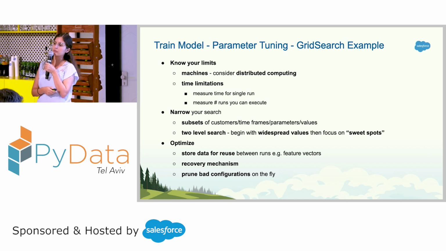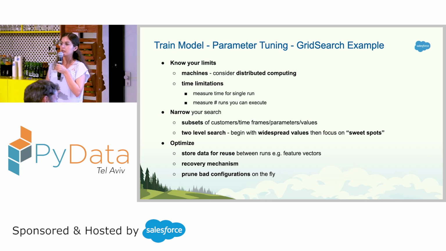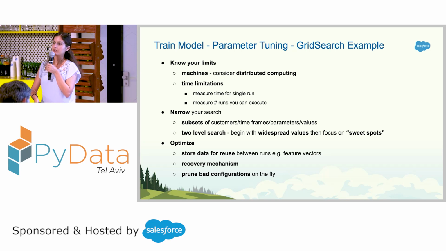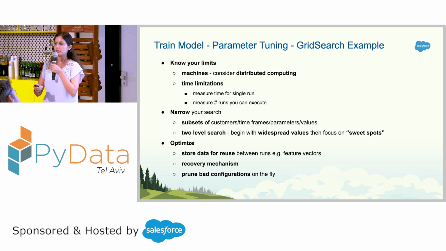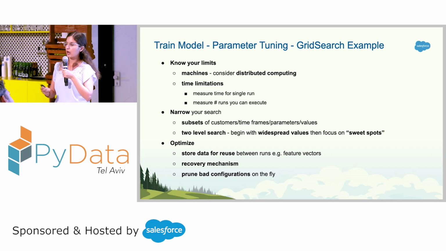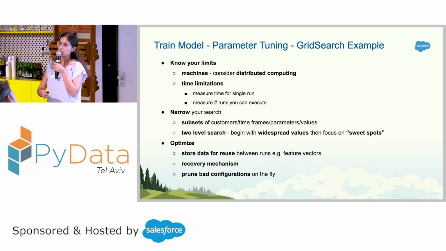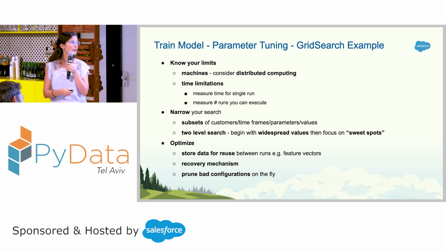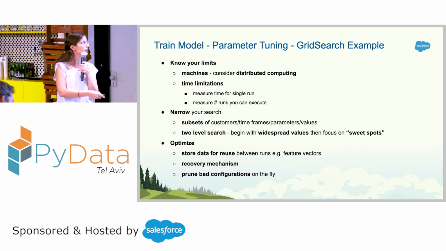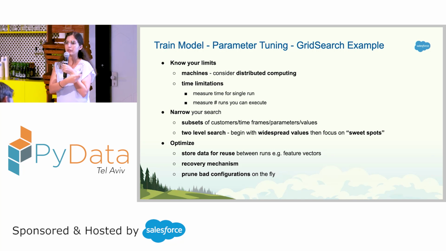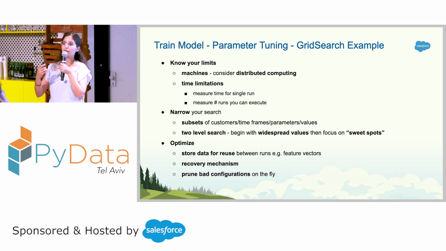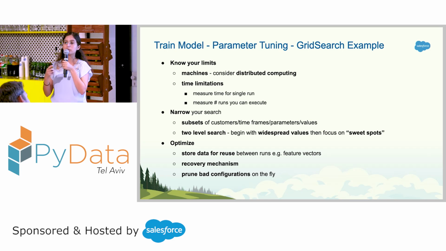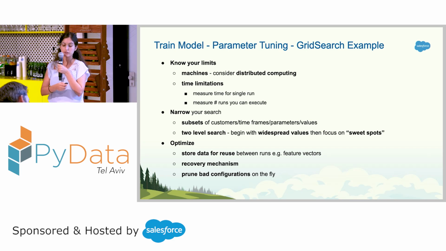A recovery mechanism means that if the execution suddenly fails, you can continue your execution from the last point. So grid search is obviously very complicated, and you have to consider many things when you approach this task.